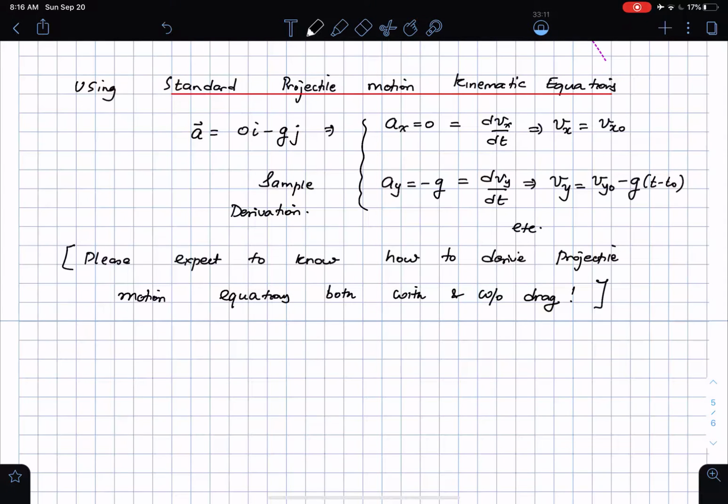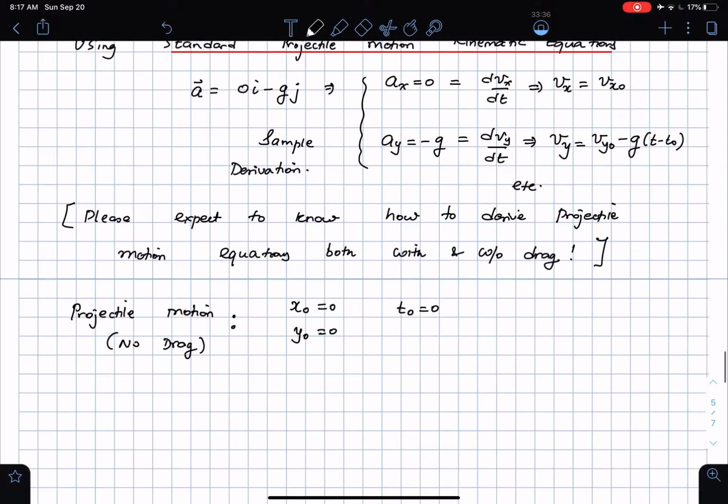All right, so I have all of these. From basic projectile motion equations, no drag, I'm going to say x naught is 0, y naught is 0, and t naught is also 0. Here are my equations, and this is at the initial location.